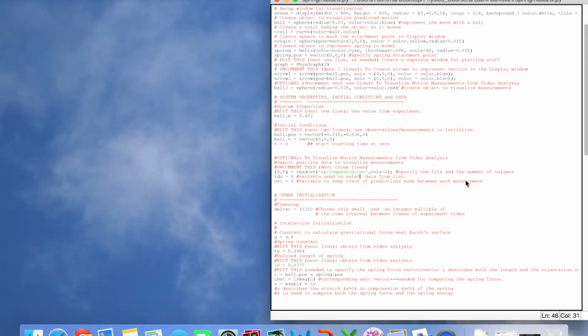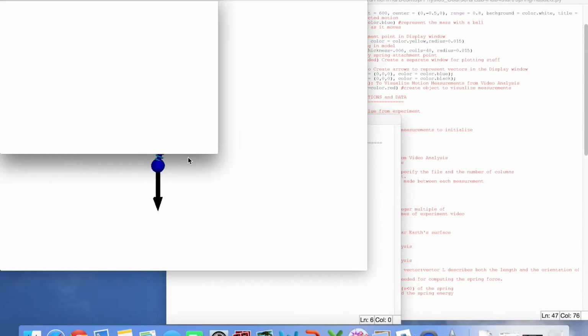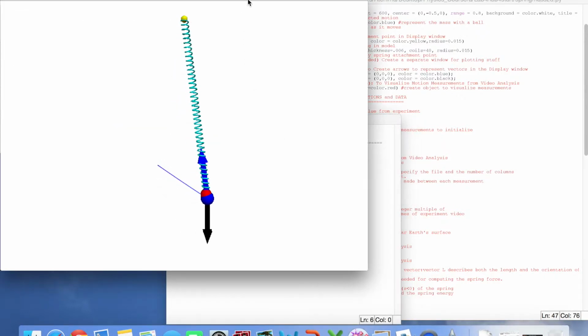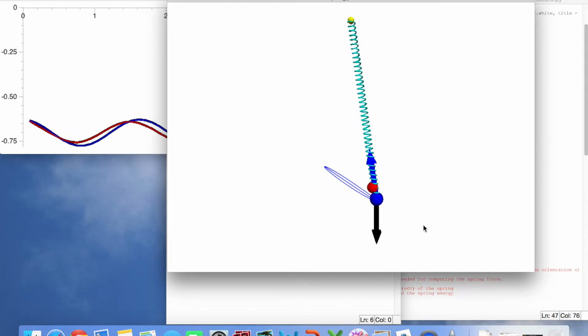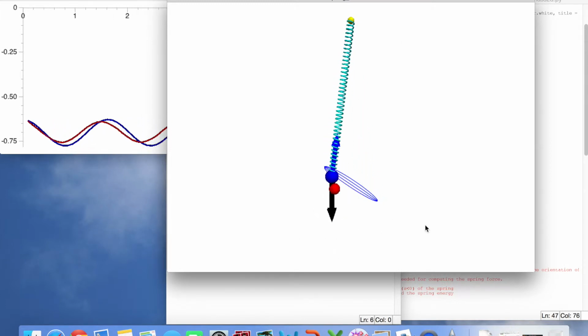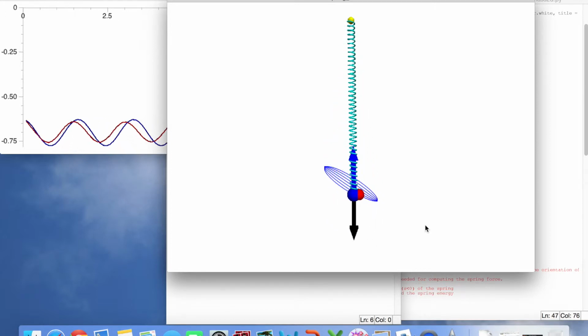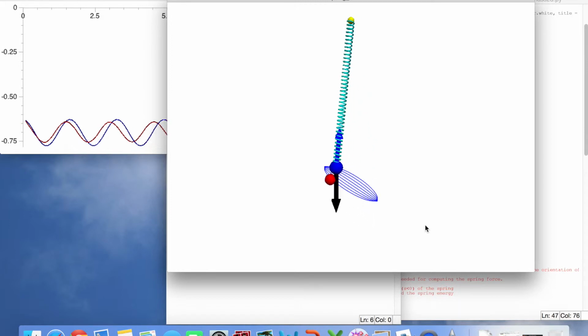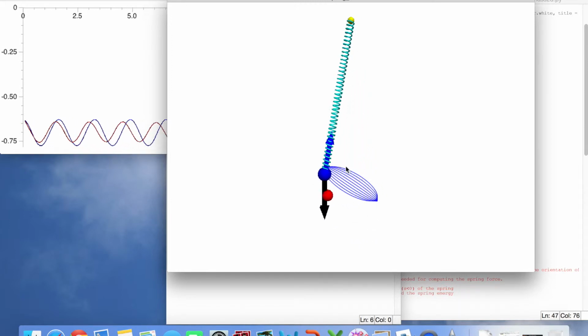Now we include the CSV file we got from Tracker earlier and run this program. The red ball is the observed mass position, and the blue ball is the predicted mass position. The red ball is a little jumpy due to the difference in delta t in Tracker and Python, because in Tracker we set it to be 10.5 seconds, while in Python it's 1/210 seconds.